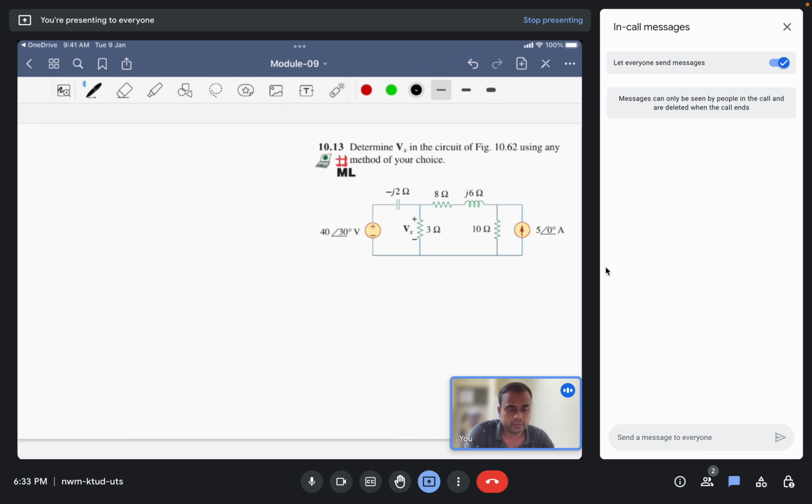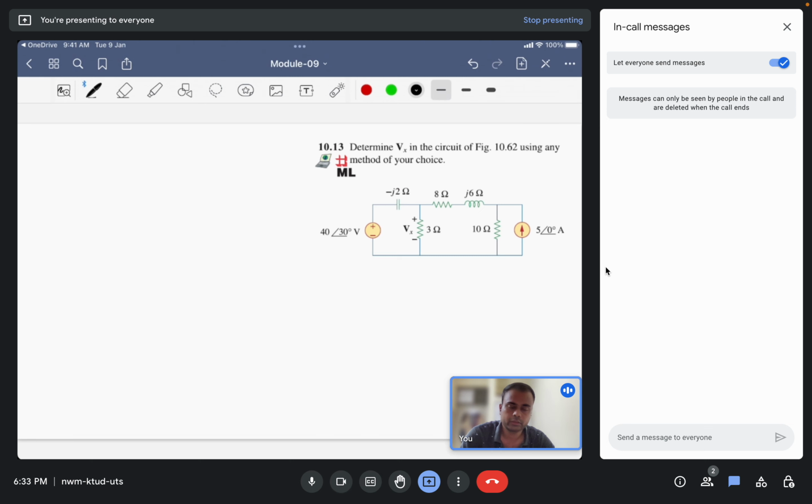So in the next circuit, determine Vx. Vx is the voltage across the capacitor, using any method of your choice. Here we have two sources, so we can use either nodal analysis or the superposition theorem.